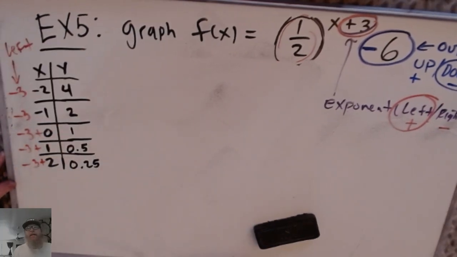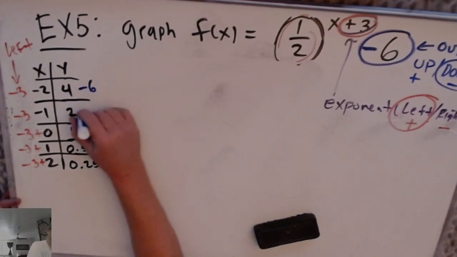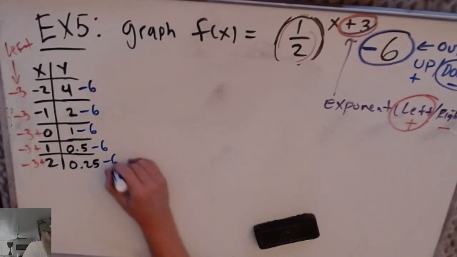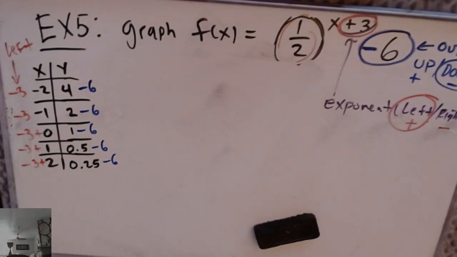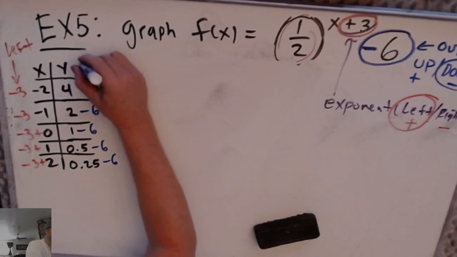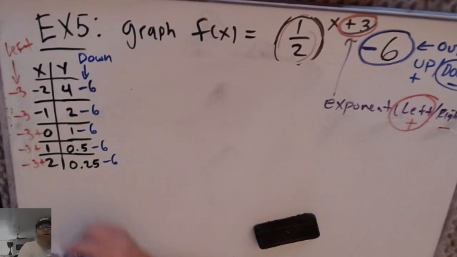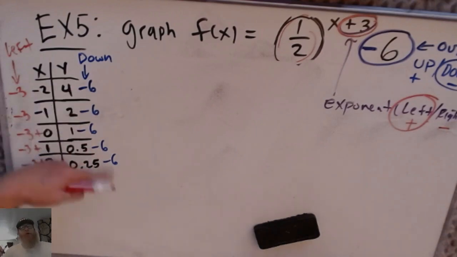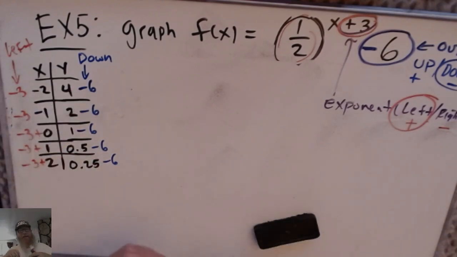That's left. And then I'm going to go down 6 units. That's for all the y values. Up and down, go with y. Left and right, go with x.